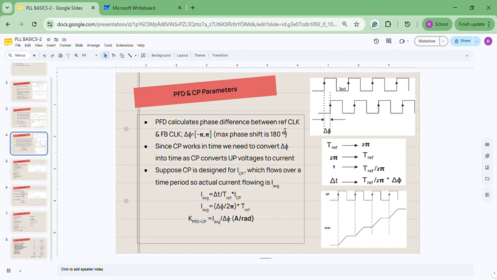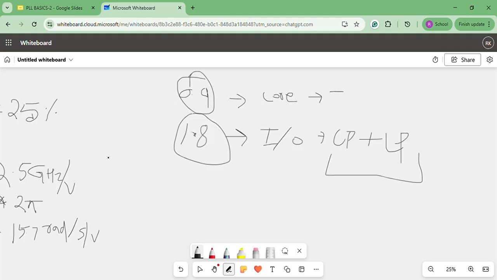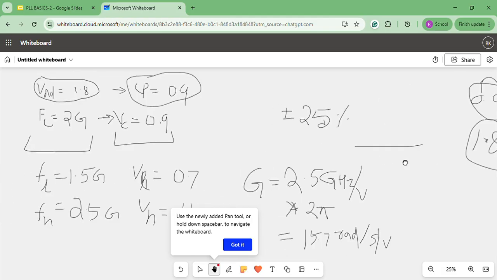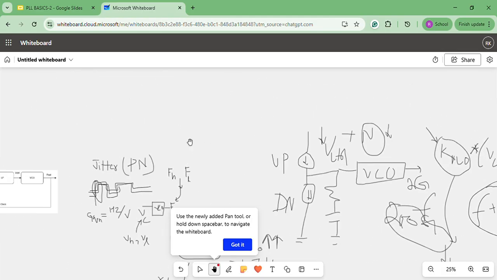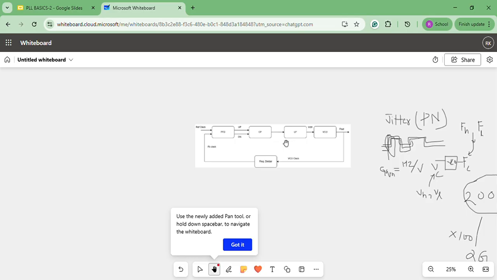As I told before, after the VCO there was a charge pump and loop filter, and then VCO. And before the charge pump, there is PFD. This block diagram you should have in mind whenever we are discussing anything.